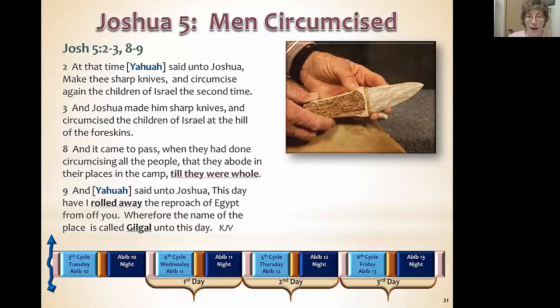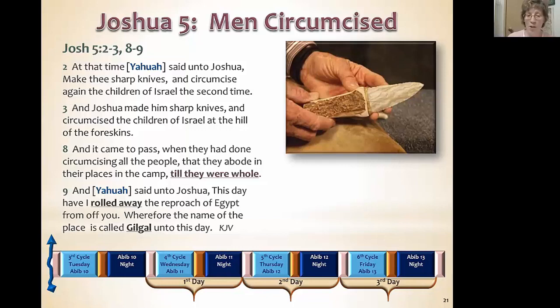And it came to pass, when they had done circumcising all the people, that they abode in their places in the camp, till they were whole. And Yahuwah said unto Joshua, this day I have rolled away the reproach of Egypt from off of you, wherefore the name of the place is called Gilgal until this day, and that means to roll away.